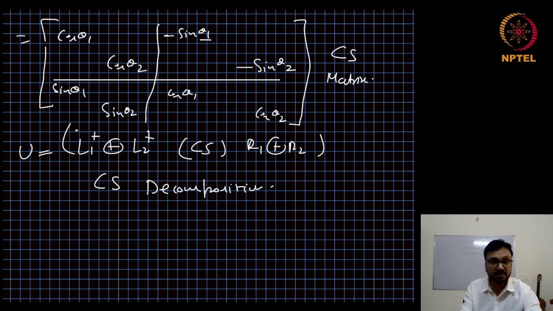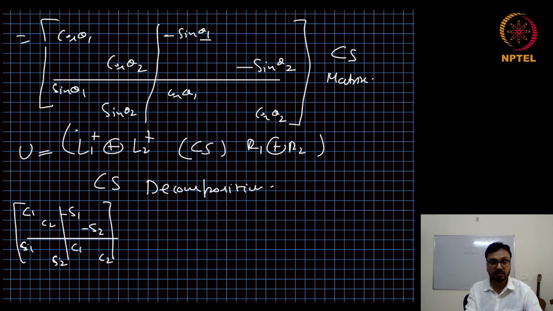Analyzing this CS matrix further, I will just write C1, C2 for cos theta 1, cos theta 2, S1, S2, S1, S2 here, and C1, C2.